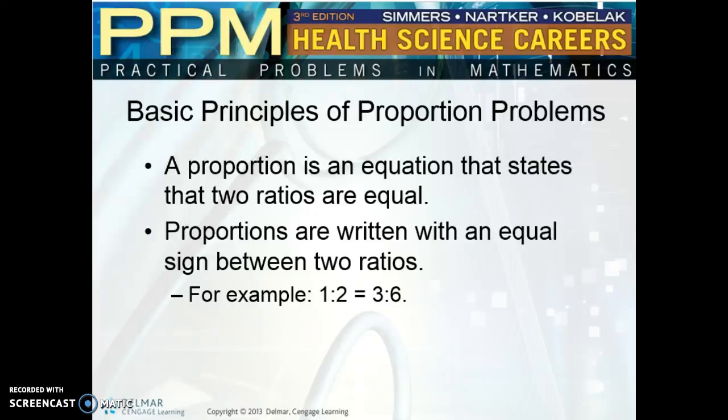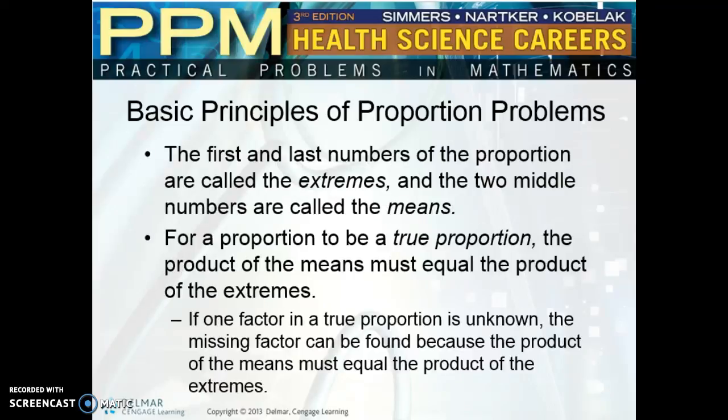They talk to you a little bit about the basic principles of proportion. We call the first and last numbers the extremes, the two middle numbers the means. And if it is a true proportion, in other words, if it's equal, the product of the means is going to equal the product of the extremes. All that's saying is you can cross multiply.